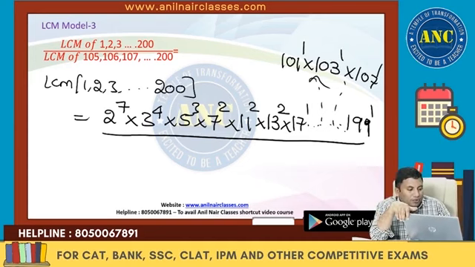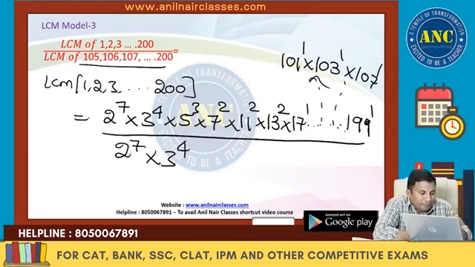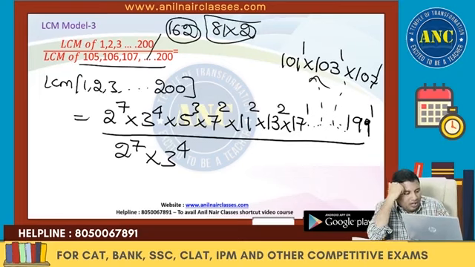Divided by the highest power of 2, 128, it is present in this set. Highest power of 3, 3 power 4, 81. If you see, in this set there is a number 162. 162 is 81 into 2, so 3 power 4 will come. 5 cube, 125 is there.